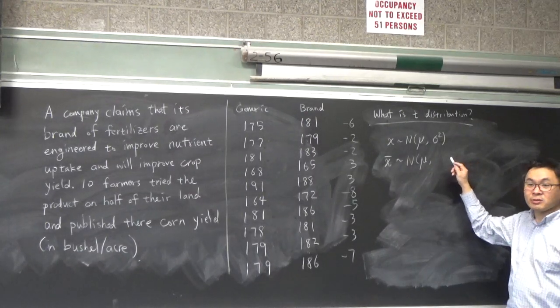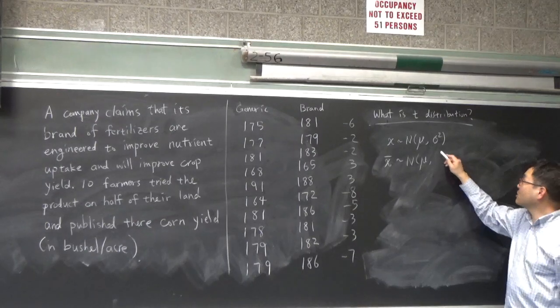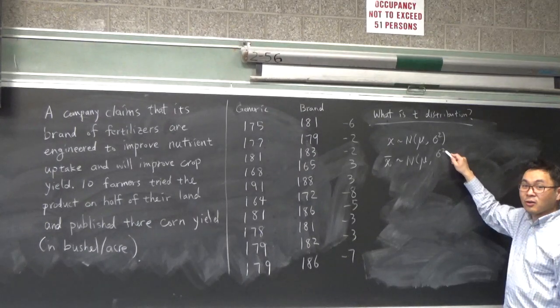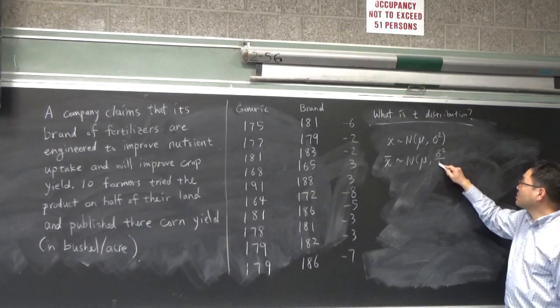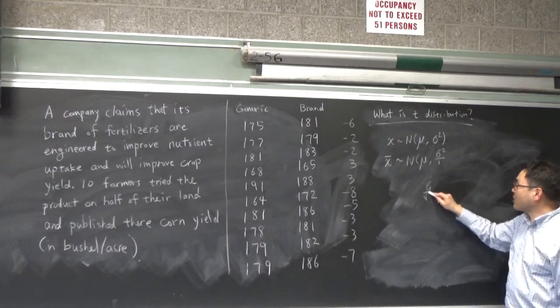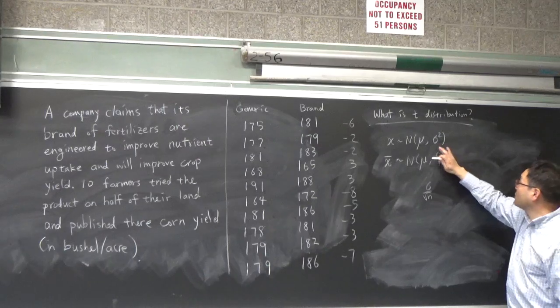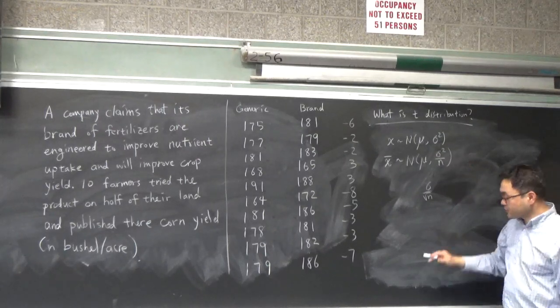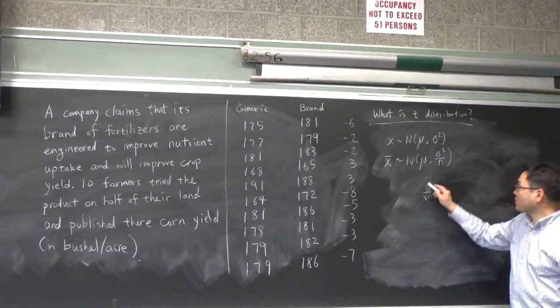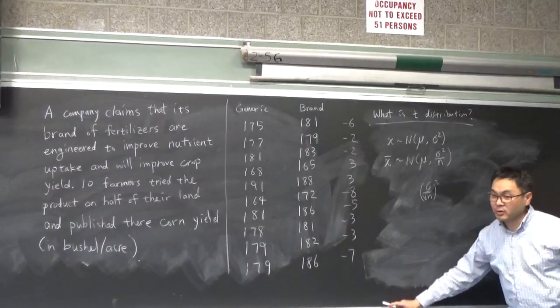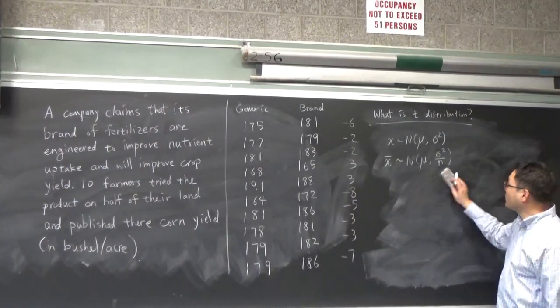Does it go up or down? The variance goes down, right? How? Divided by square root of n. Oh no, it's sigma over square root of n. That's the standard deviation. Over here, it's variance, which is squared, so this is n. Or you might just rewrite it like that. Okay? So that's what happens.